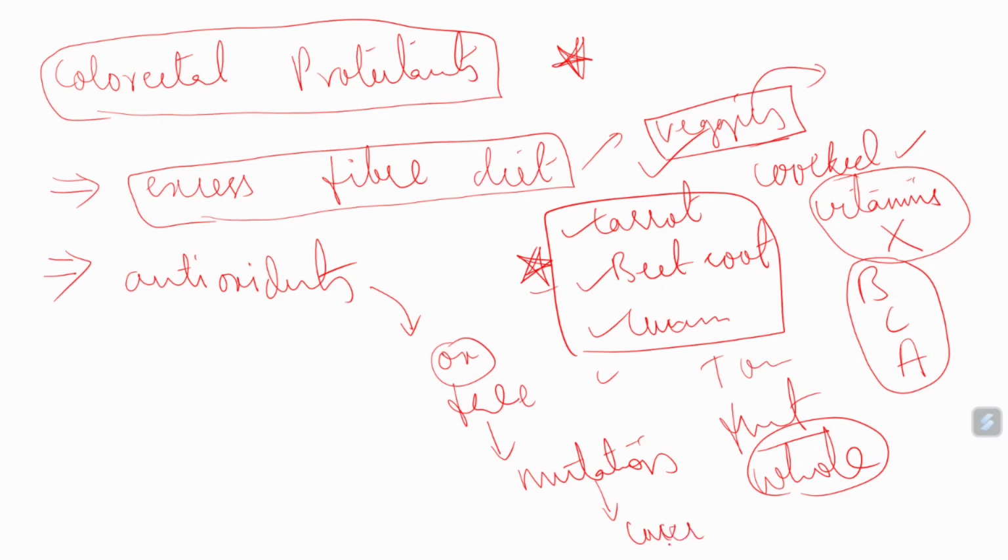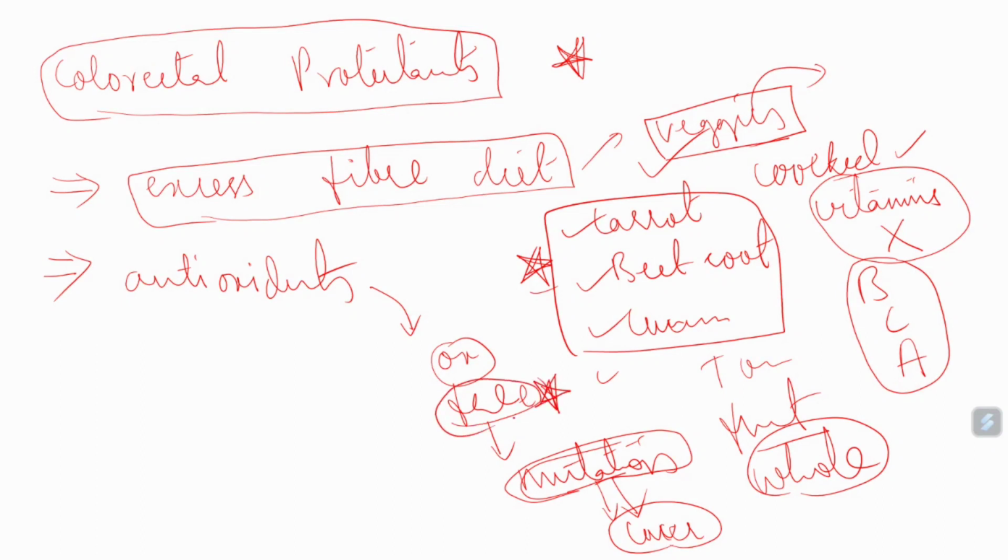They will simply cause cancer. Here, in the mutations, particularly, we have tumor suppressor genes and oncogenes or proto-oncogenes. If mutation occurs in the tumor suppressor gene or in the proto-oncogenes, what will happen? Tumor suppressor gene activity decreases, and with that, the cancer activity of the proto-oncogene increases, and with that, cancer will develop. So free radicals are very, very dangerous.